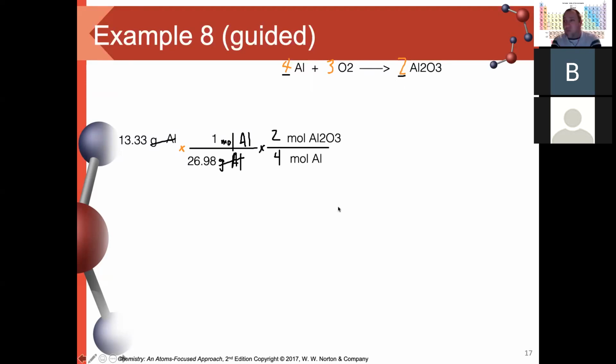Now, as a word of caution here, it might be tempting to try to reduce this in your head and say, okay, well, it's really a 1 to 2. 1 aluminum oxide for every 2 aluminums. I can get that just from the chemical formula after all. I would caution you against this because it's easy to make mistakes that way. And if the substance is in multiple compounds, it may not be as cut and dried.